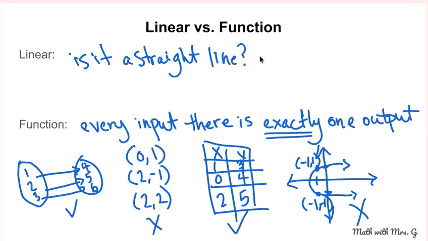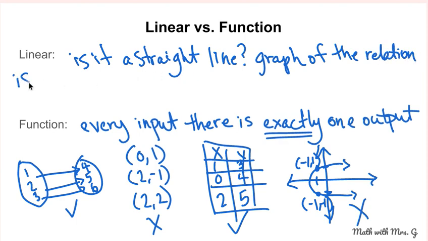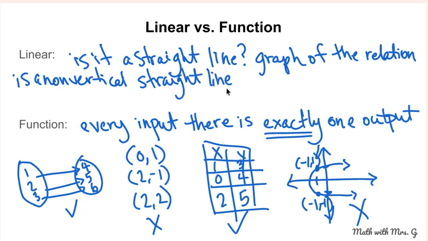Okay, and so a linear would mean that the graph of the relation, meaning set of ordered pairs, is a non-vertical straight line. Line implies straight, but I feel like when you put straight in front of it, it just kind of lands a little bit different, right? So is a non-vertical straight line. Let's see, a graph of the relation is a non-vertical straight line.